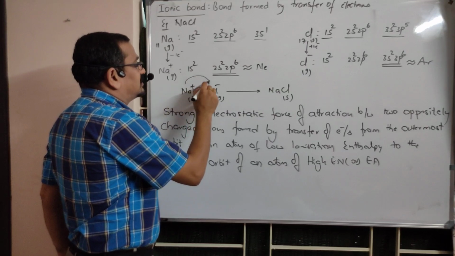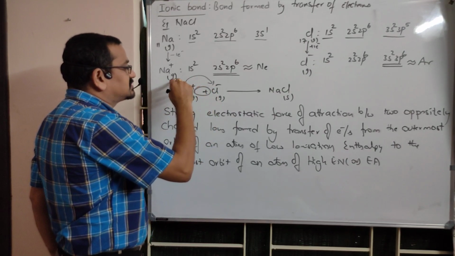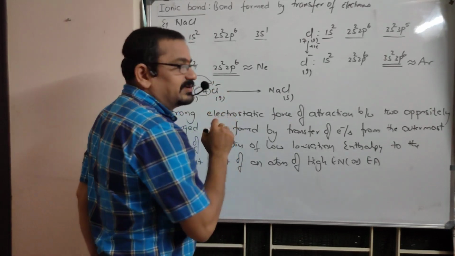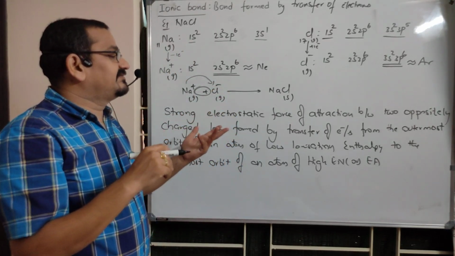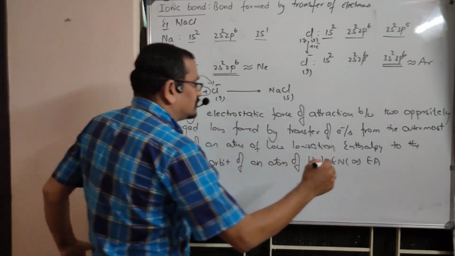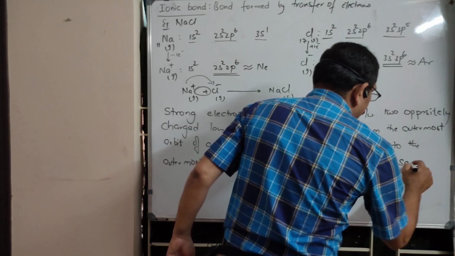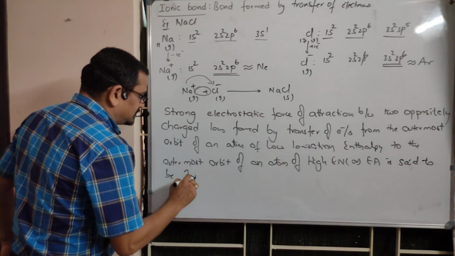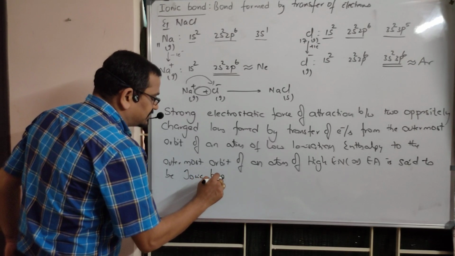Formed by the transfer of electrons from the outermost orbit of an atom of low ionization enthalpy to the outermost orbit of an atom of high electronegativity or electron affinity is said to be ionic bond. So this is a complete definition.